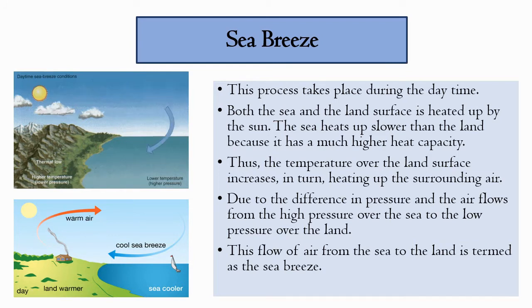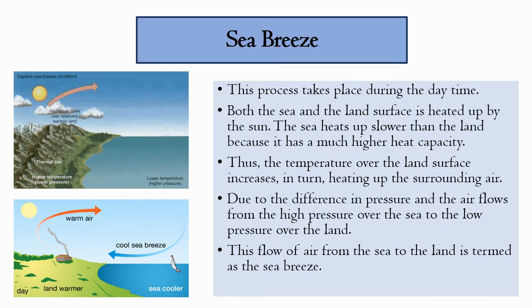To compensate, the air will sink over the ocean. The wind will blow from the higher pressure over the water to lower pressure over the land, causing the sea breeze. The sea breeze strength will vary depending on the temperature difference between the land and the ocean.